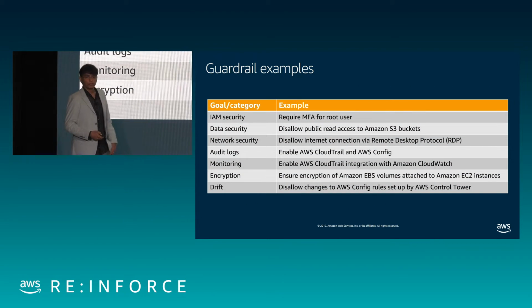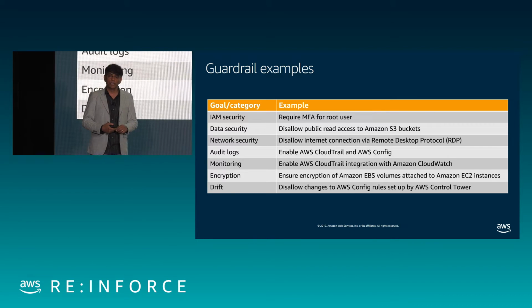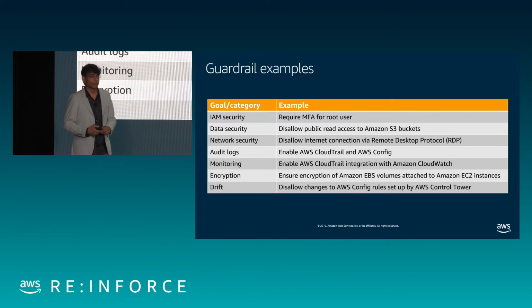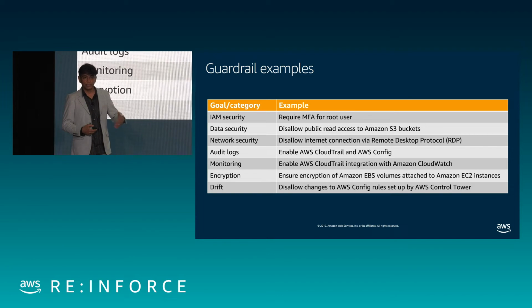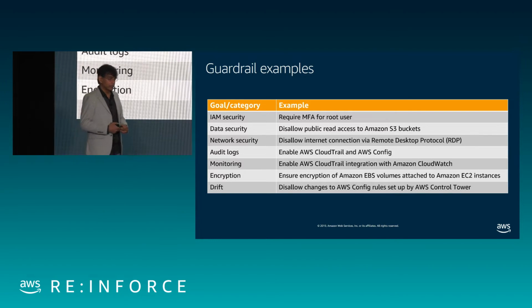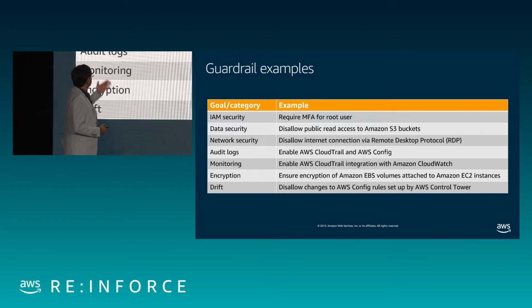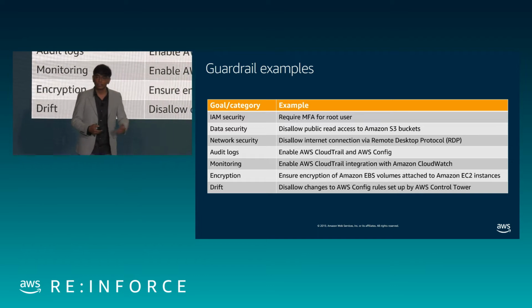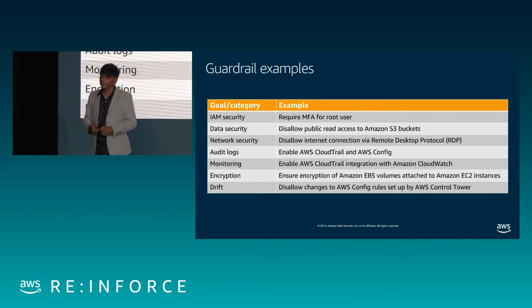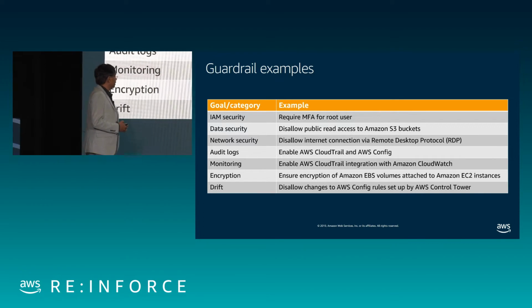And these are some examples of guardrails. At GA, we have 26 guardrails out of the box, and we have a roadmap where we're going to be making more guardrails available to you. And guardrails span multiple categories: IAM security, network security, data security, some in compliance and operations.